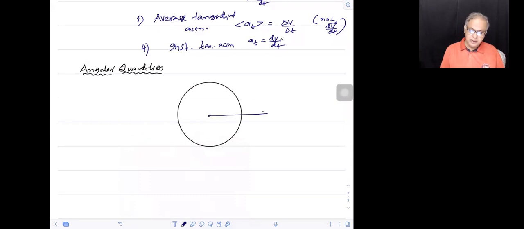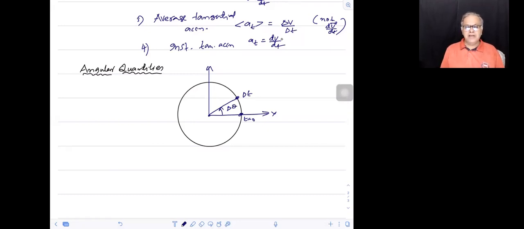This is my x, this is my y. Now we have the particle here at t equals 0, and the particle is here at t equals delta t. So I told you this delta theta is described.